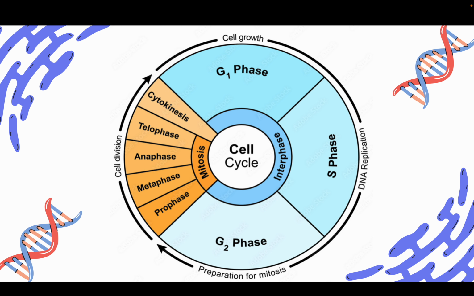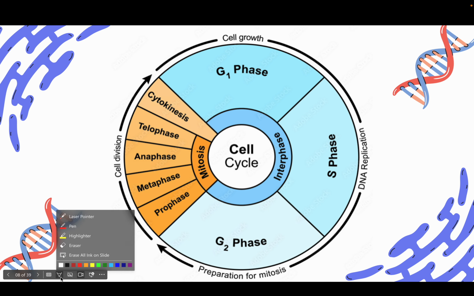As I mentioned, the interphase is the period where the cell stays for the longest time. Here, interphase is divided into G1, S, and G2. During G1, cell growth occurs. The cell will produce all the materials necessary for it to be able to synthesize DNA and undergo mitotic division.